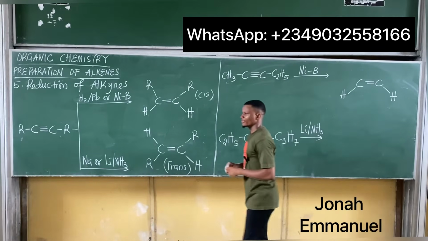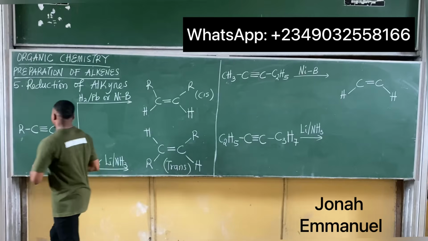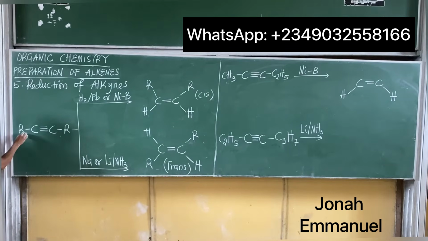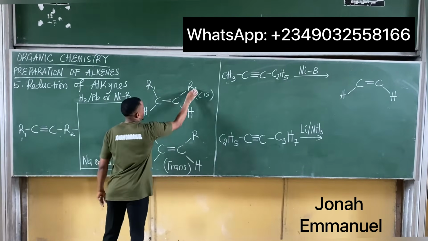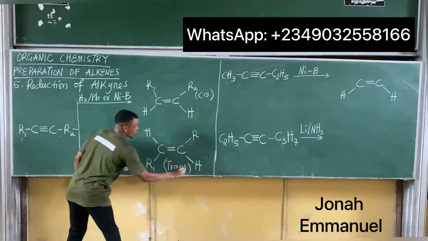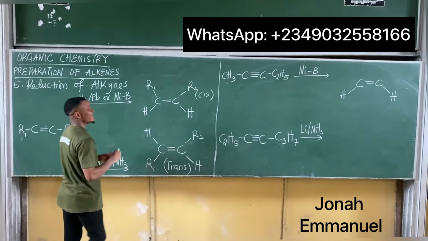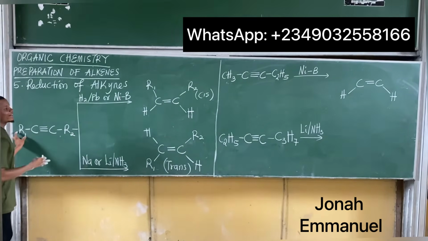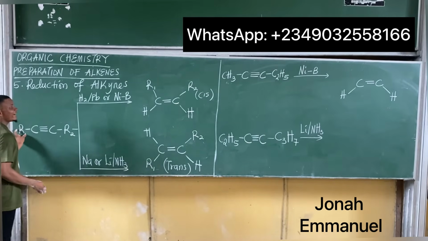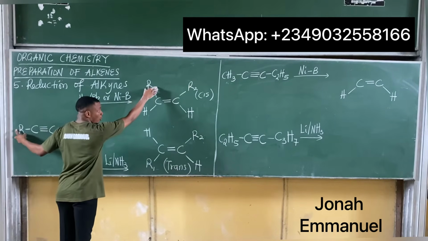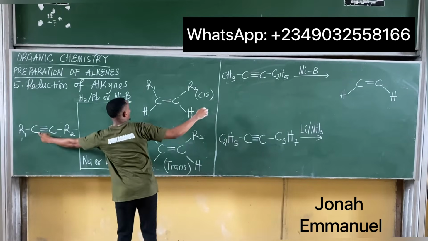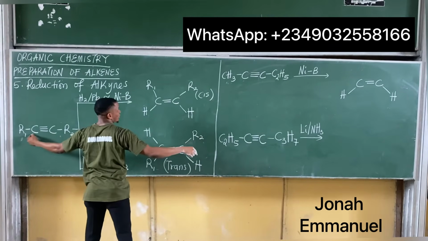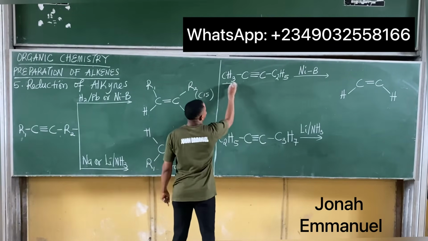Observe something. Perhaps we could call this R1 and R2. The idea is this. We said R is an alkyl group. In this case, aside from the C here, what is attached to the C is your R1. In other words, this one becomes R1.